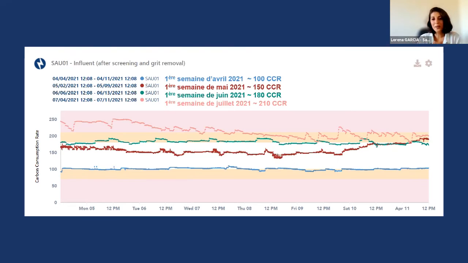Between the red zones is where we decided that we had some alarms going on. Then in June it went up a little bit, and that is the green one, and the pink one was July, when everybody was here in town. So we had a lot of influent coming in at the wastewater treatment plant.